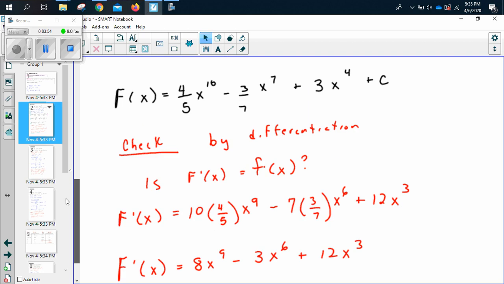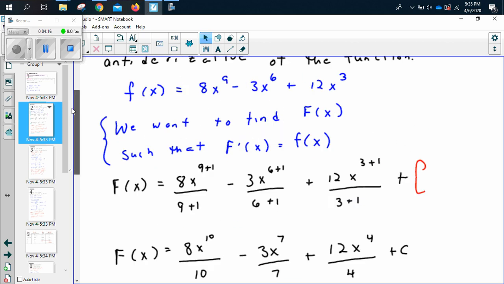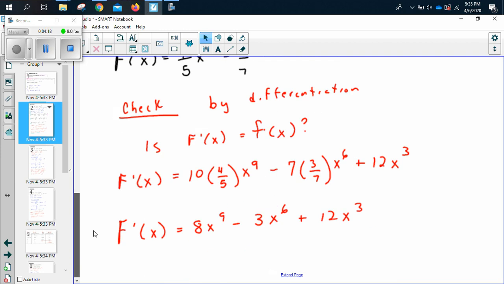I differentiate: I bring down the 10 and subtract 1 from the exponent. I bring down the 7 and subtract 1 from the exponent. I bring down the 4, multiply it times the 3, and subtract 1 from the exponent, and the derivative of the constant is 0. I simplify that and I get the function that was given originally.